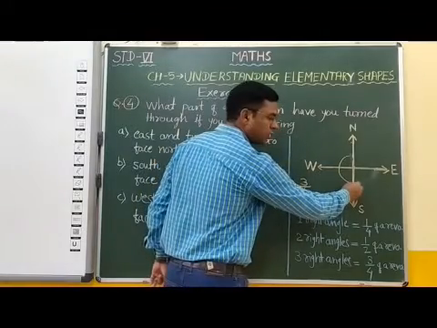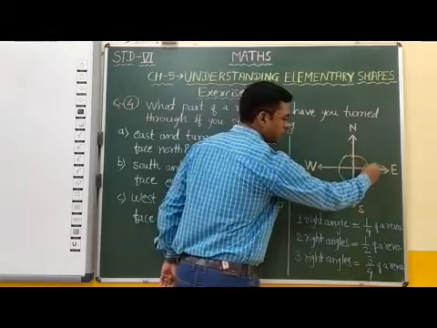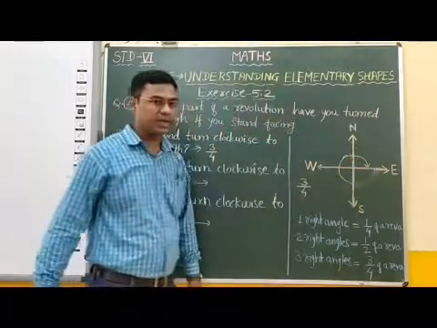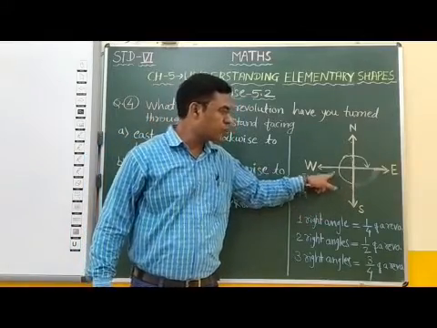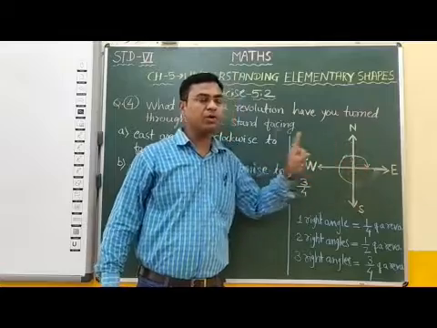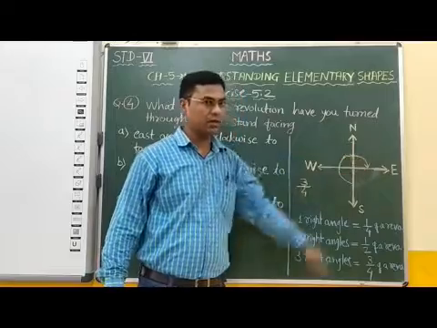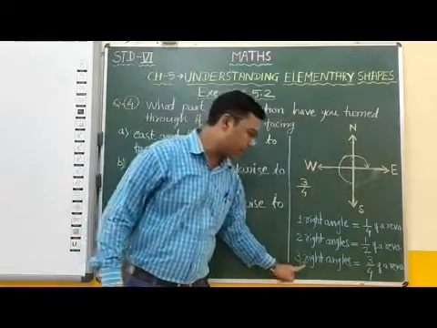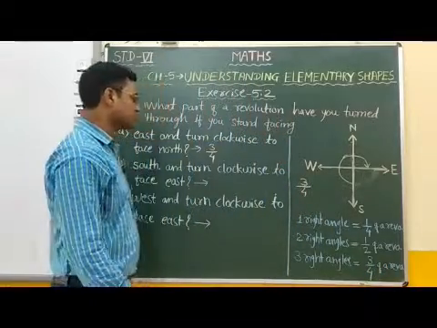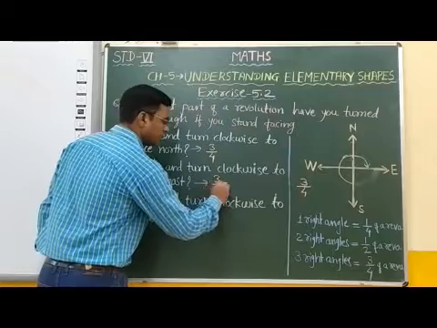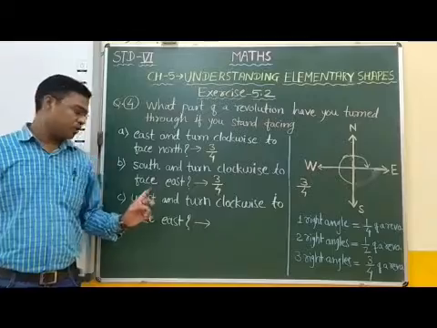Therefore, if you turn clockwise from south to east, you turn through three right angles: 1, 2, 3. Therefore, three right angles is equal to 3/4 of a revolution. Therefore, the answer of this question is 3/4 of a revolution.